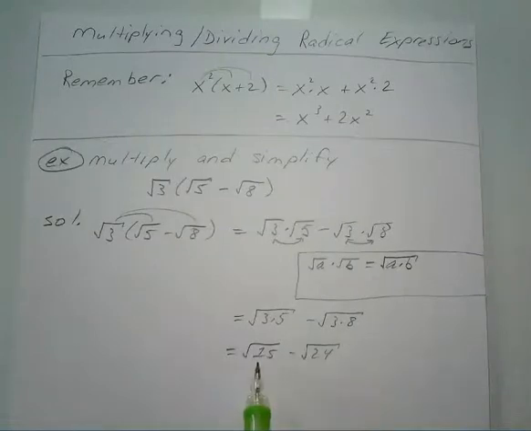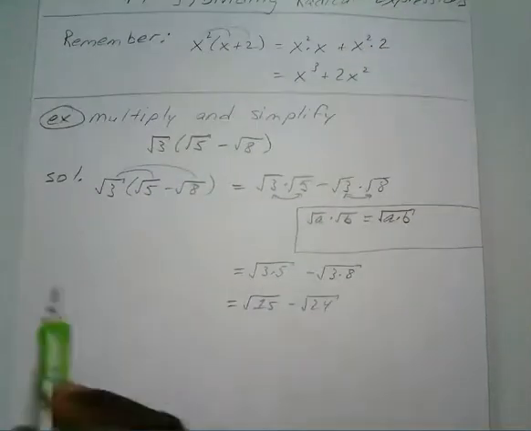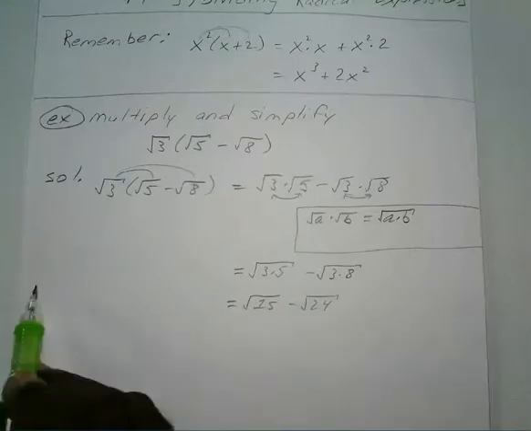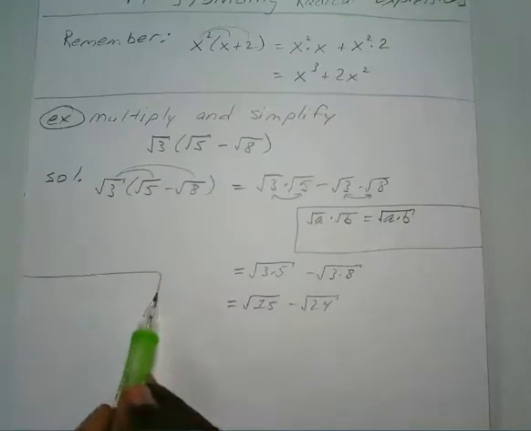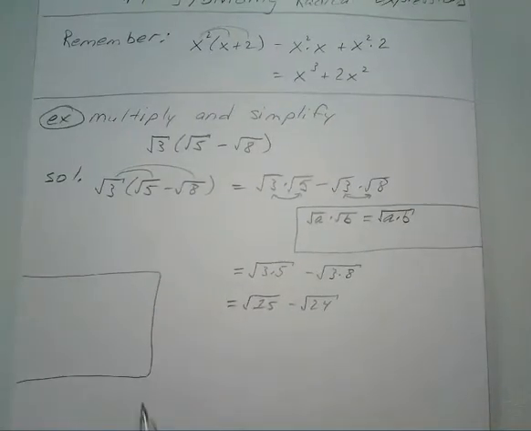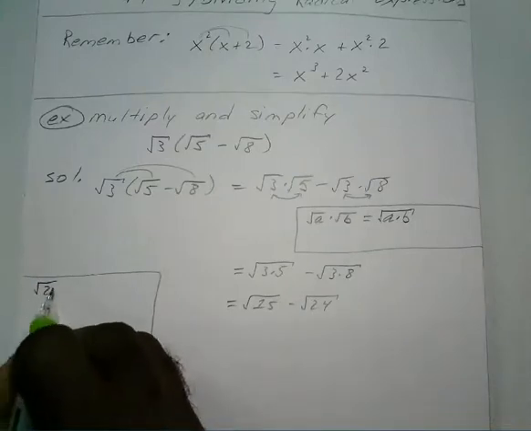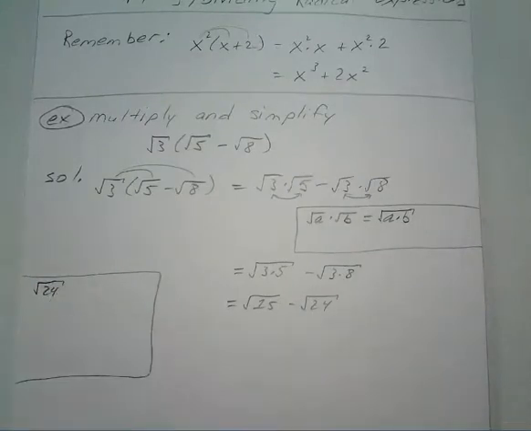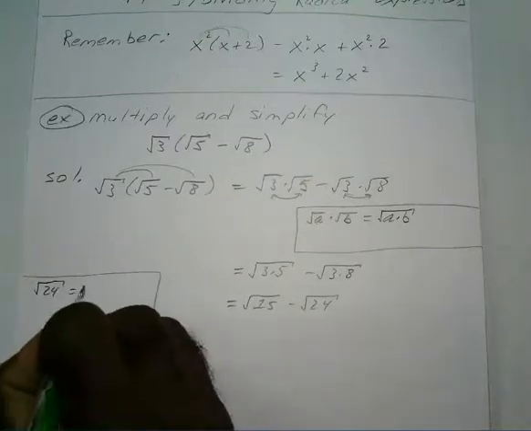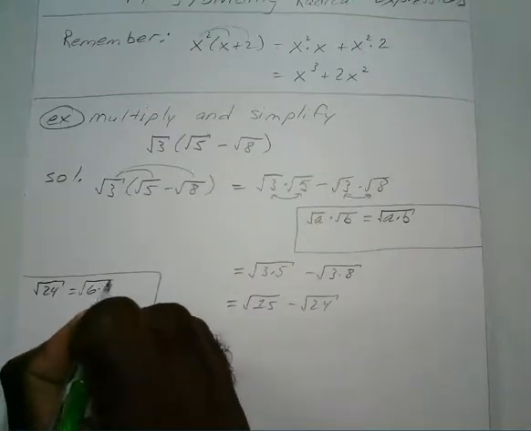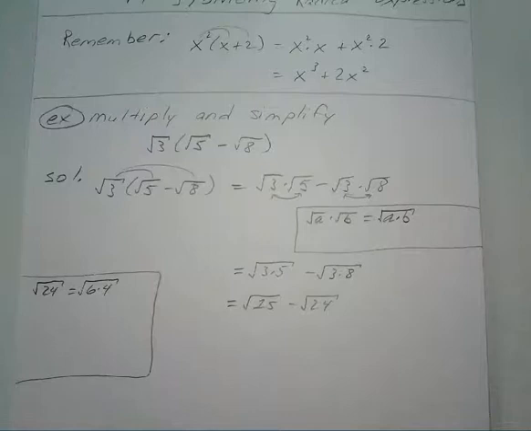Okay, now square root of 15, you can't really bring out a perfect square, so that would stay the same. But square root of 24, you can simplify that one. And I'll put that over here out of the way. Okay, so square root of 24, remember 24 is 6 times 4. So that would equal square root of 6 times 4.